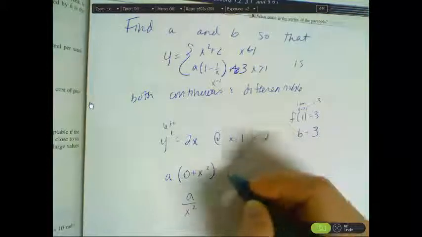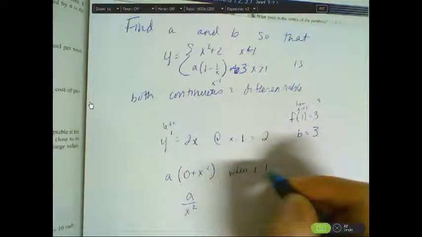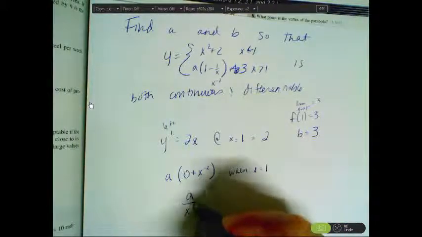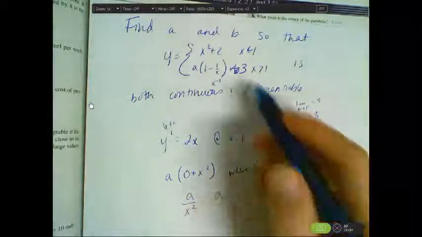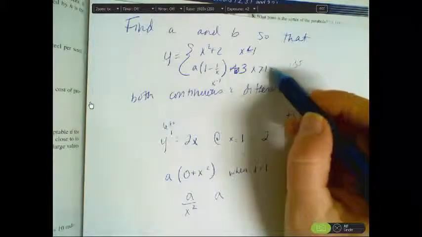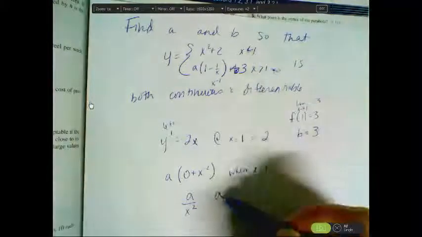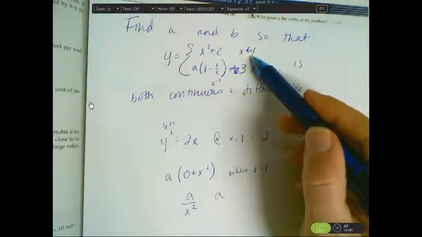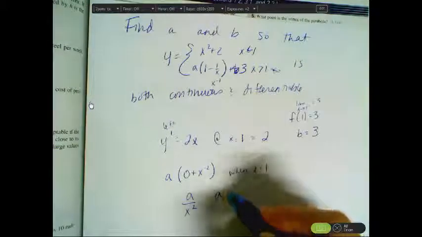And that's when x is 1. So if I plug in 1 here, then I just get a. And that's the derivative on the right, is a at x equals 1. But I need it to be 2, because I need it to equal the derivative on the left. Therefore, a must be 2.